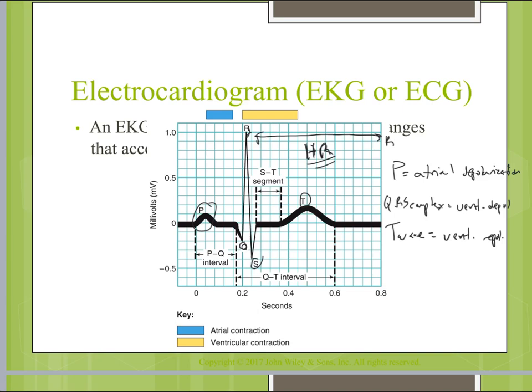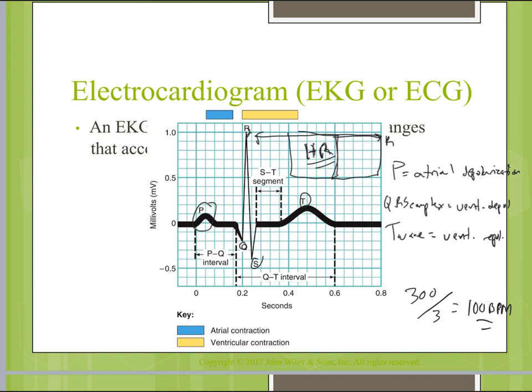We can count these large boxes between successive R to Rs and take 300 and divide by, if we say there were 3 boxes between R to R, the heart rate would be 100 beats per minute, okay?